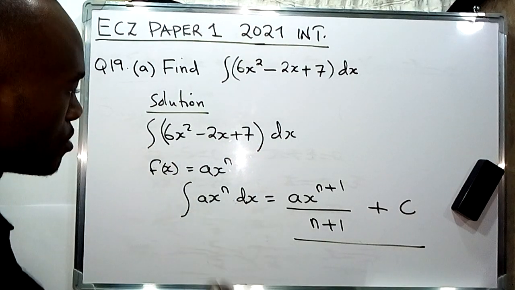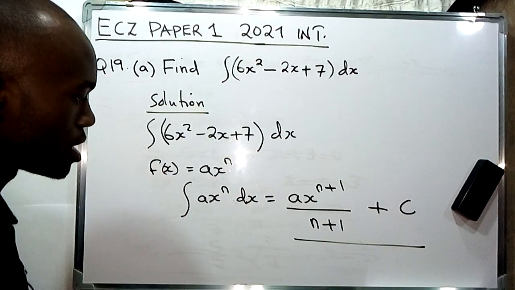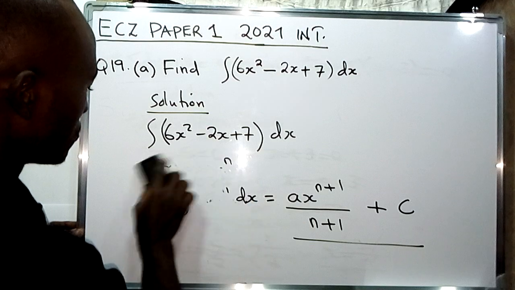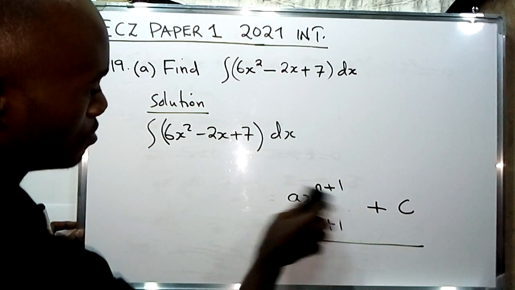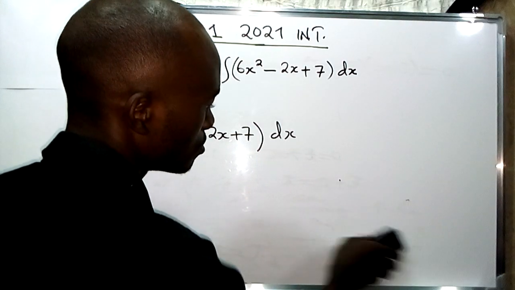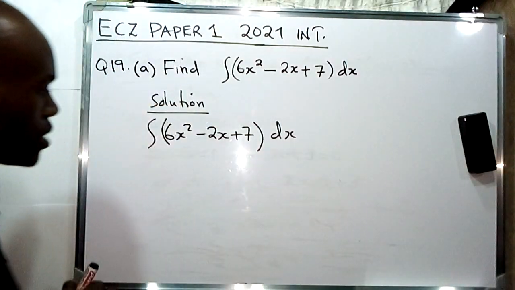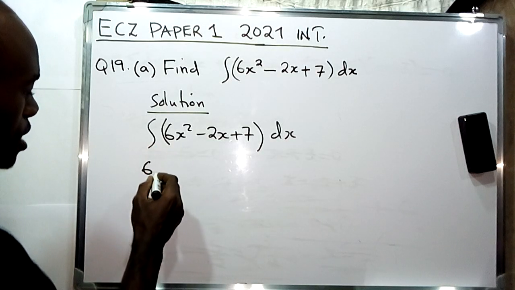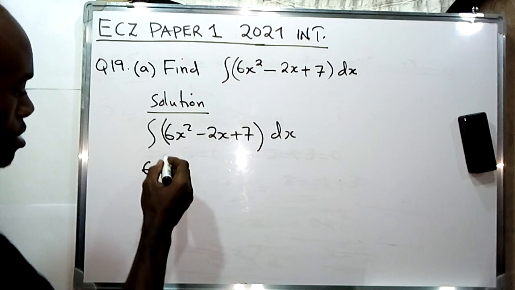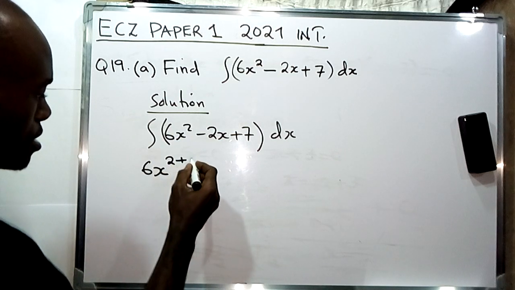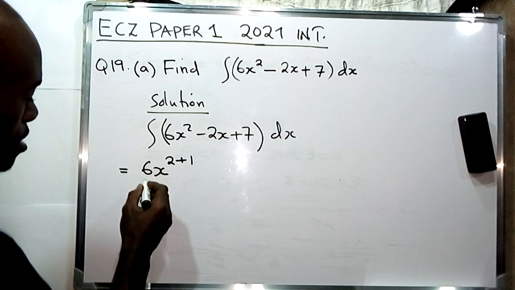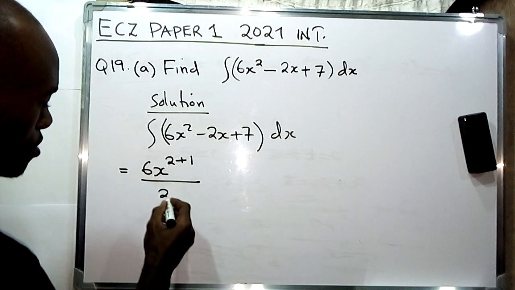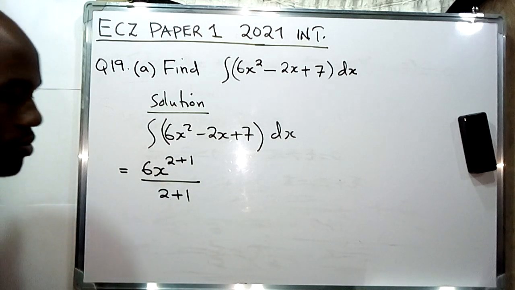So we'll use the same method to integrate what we have been given. Let's see what we are going to have. We will start with this first term, 6x to the power 2 plus 1. You remember what we looked at? What you have in the exponent will be the same as what you write in the denominator.